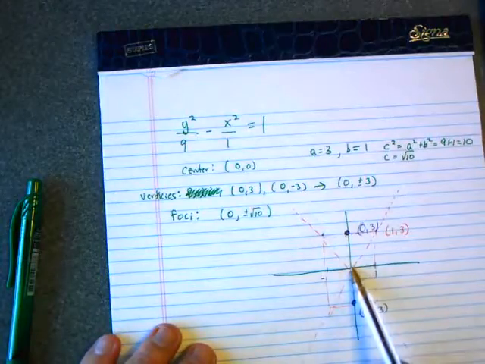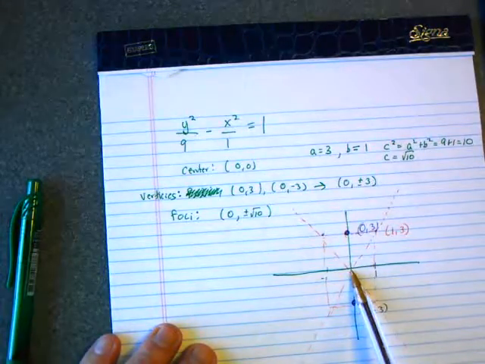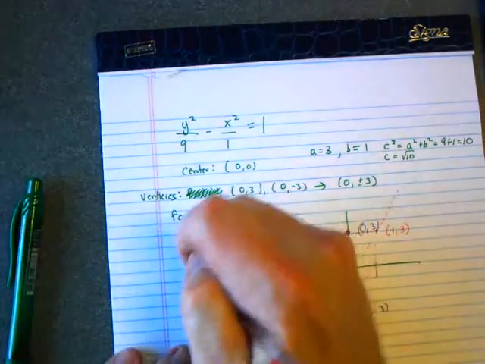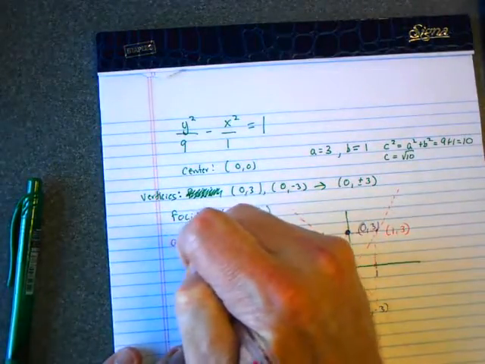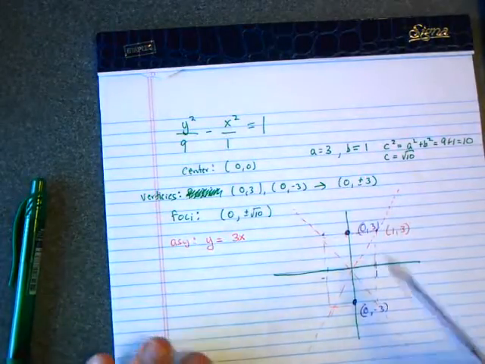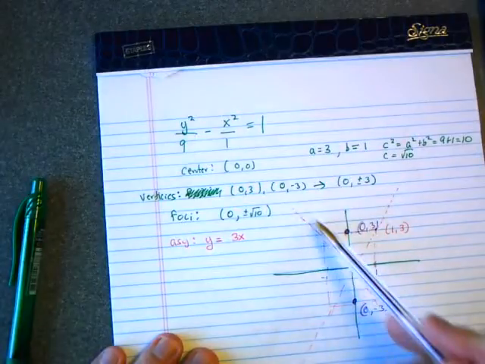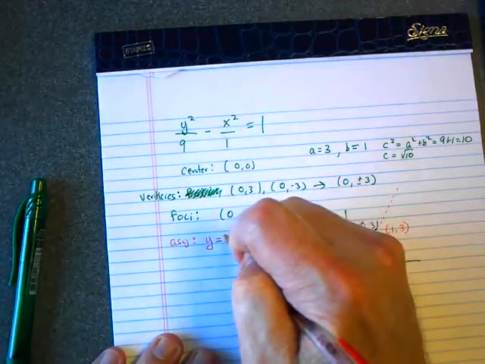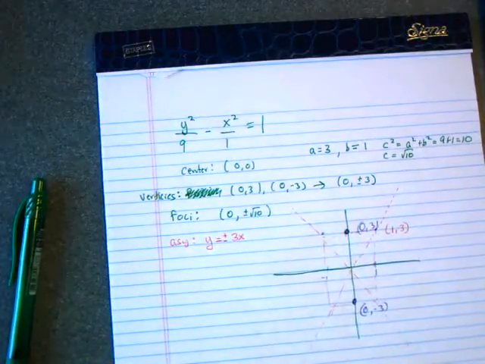Why is it y equals 3x? You go up 3 over 1. So the asymptotes are y equals 3x. And how about the other one? What's the equation of the other one? y equals negative 3x. So y equals plus or minus 3x.